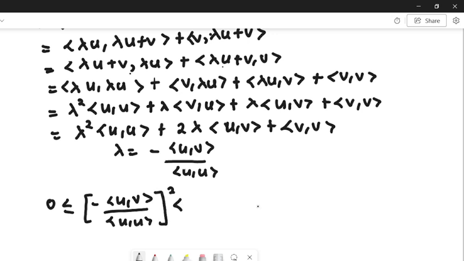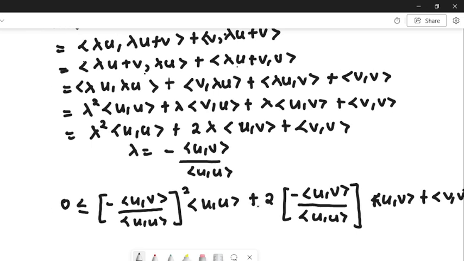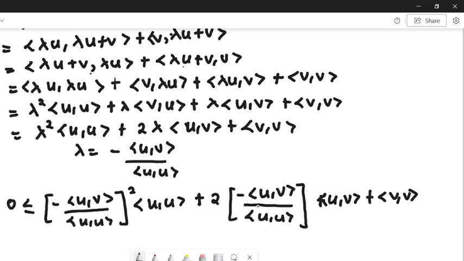Squared, wherever we have lambda, we're making that substitution, plus 2 times negative uv, we are multiplying by uv, plus that vv.